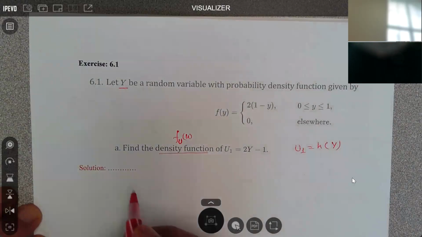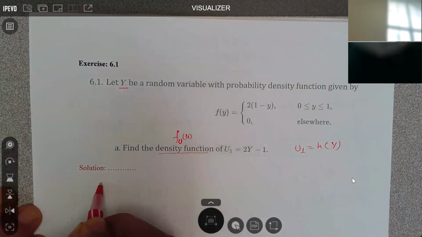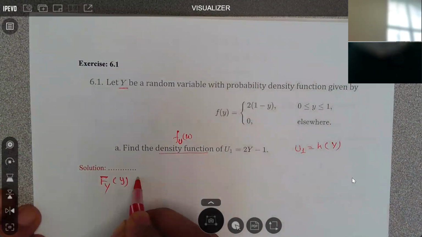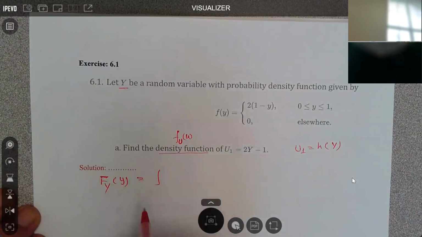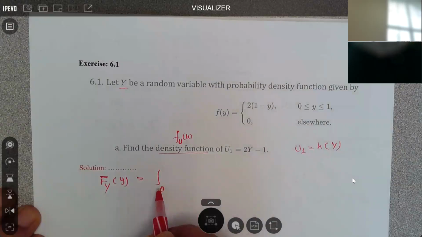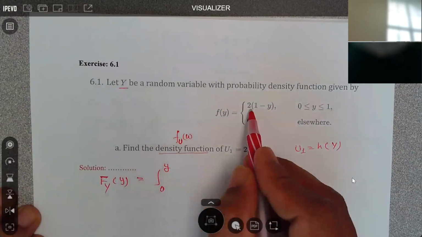Now, first of all, find the cumulative distribution function for Y, and let me put the Y here so that it is for the random variable Y, right? So this is equal to the integration, where the lower limit is 0, from 0 to y, and the density function is here.